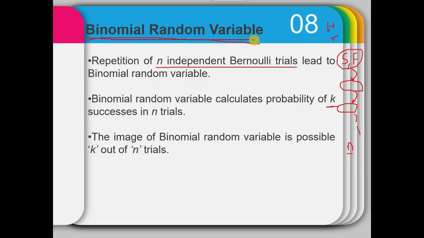So in future, what you need to remember is that when we are talking about a binomial random variable, we are trying to find out if a certain problem follows this binomial randomness. That is, if a Bernoulli trial is repeated n number of times, what is the probability that I will see success k number of times? Okay, let me give you one example, and then we'll move to the next slide.